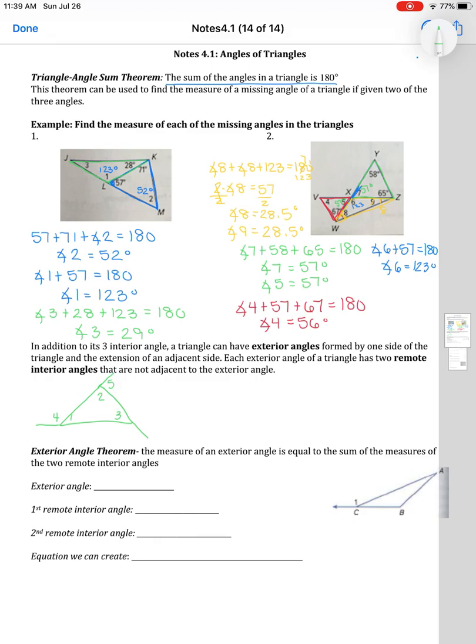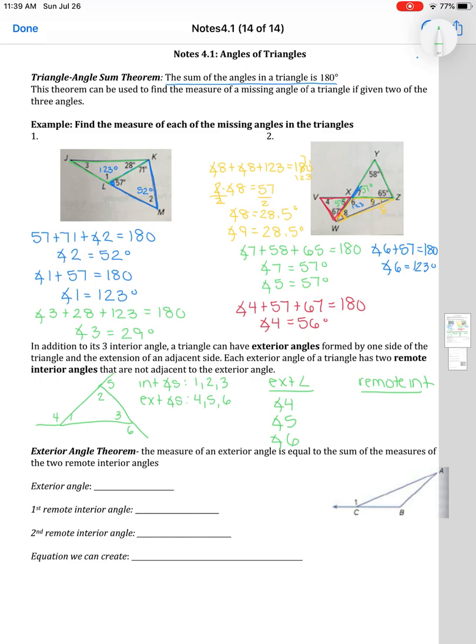So it says in addition to its 3 interior angles, so that's inside the triangle, a triangle has exterior angles that are formed by one side of a triangle and the extension of an adjacent side. Each exterior angle of a triangle has 2 remote interior angles. So if I draw a triangle and I label the angles 1, 2, and 3, if I extend each of these sides out to make a new angle, which would now be my exterior angles, my interior angles are 1, 2, and 3.